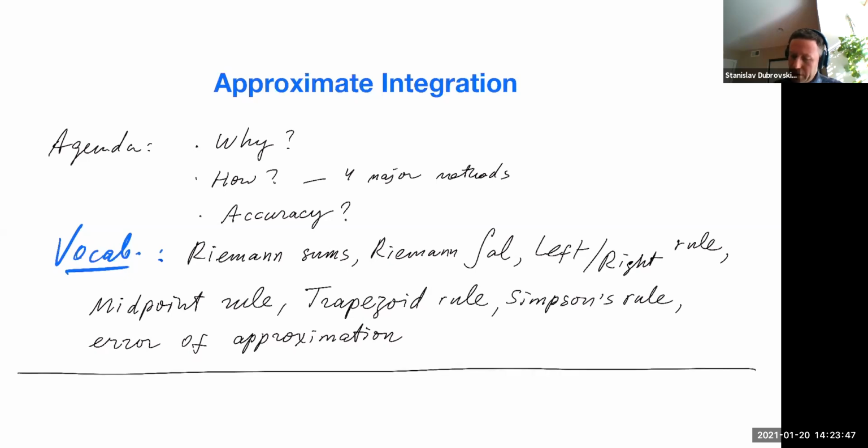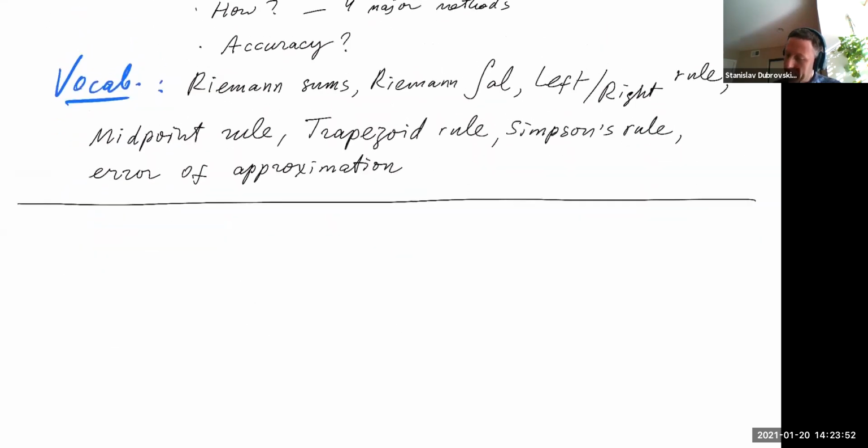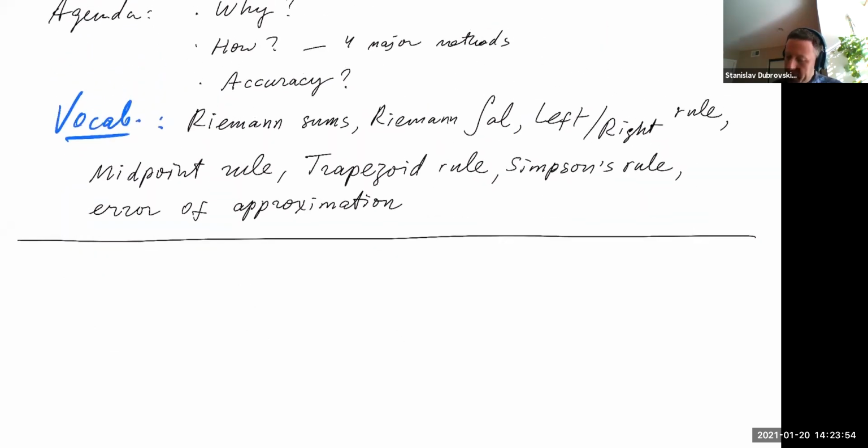So why? Let's get started with why. Well, why do we do it? Sometimes it's all about the cost. Cost of what? Not cost in dollars, but cost of computation, cost of computational resources. How long does it take? Maybe it's cost in time, maybe it's cost in dollars, the equipment.